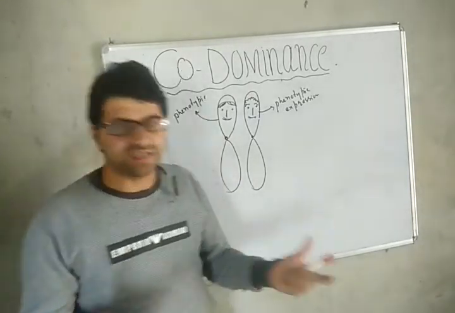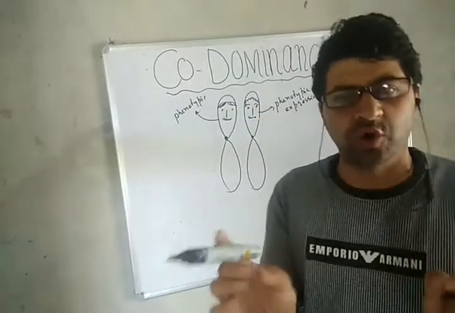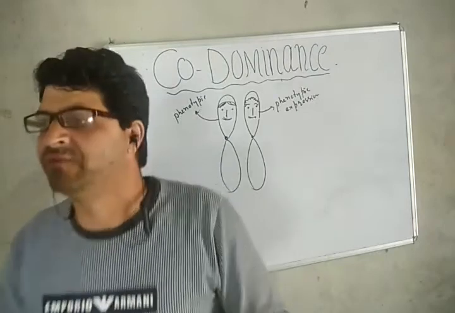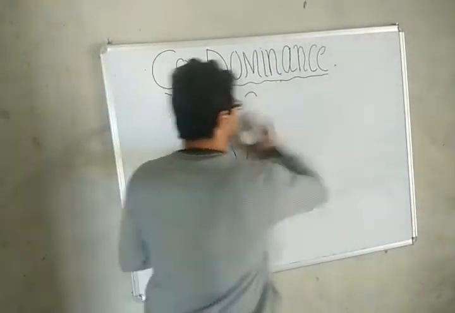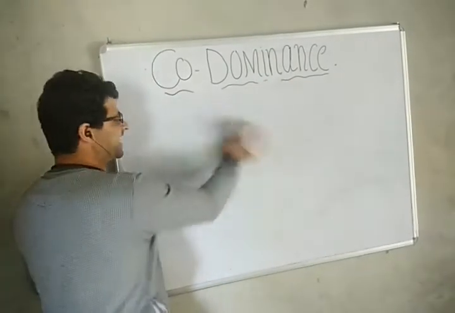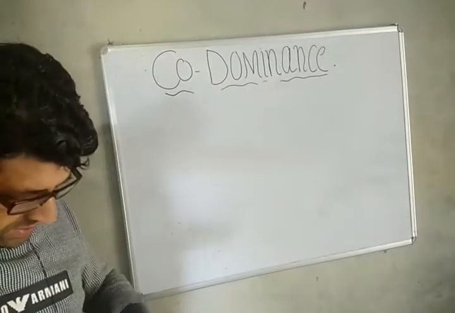And we see different kinds of examples as far as codominance is concerned. What are these examples? One by one we will study. The first example of codominance we can see in the ABO blood group system of human beings.